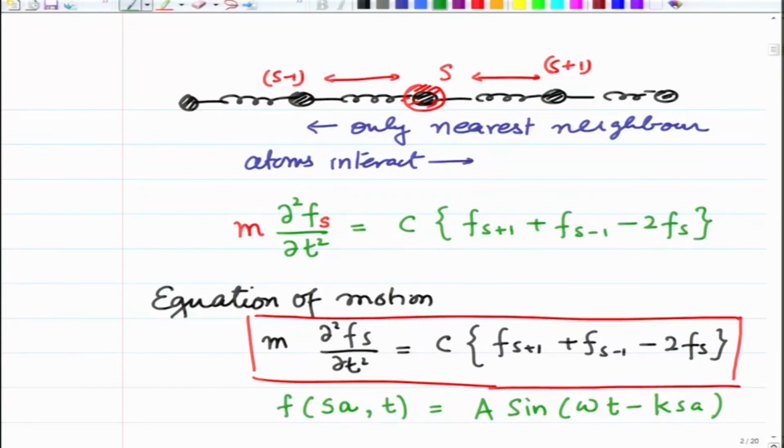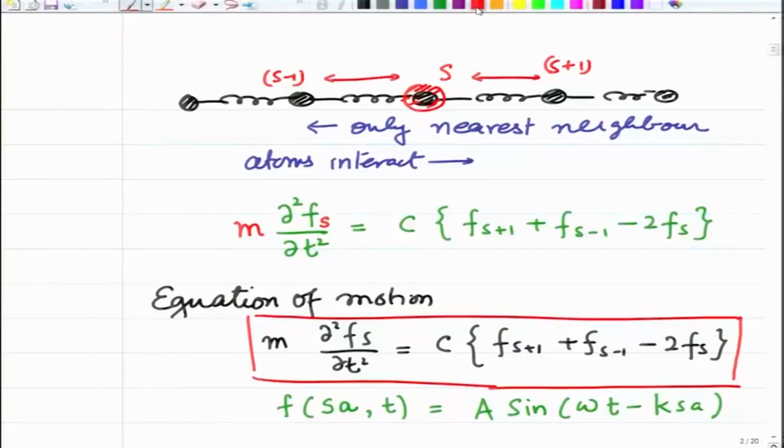So, the only difference between a continuous string and these discrete masses is that now the x that was there in the continuous string has been replaced by k s a, and these are sitting at discrete points. Let us now look at the nature of the solution. So, let me write the whole thing all over again.